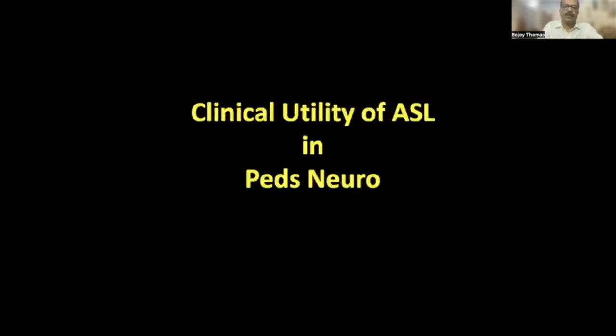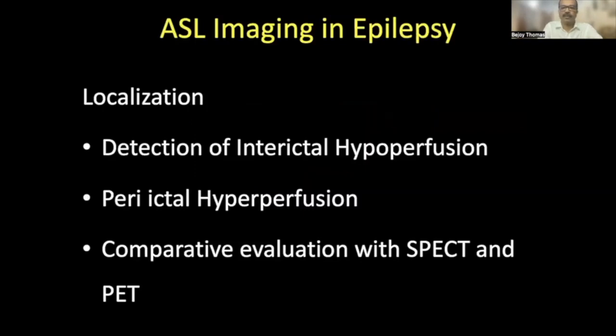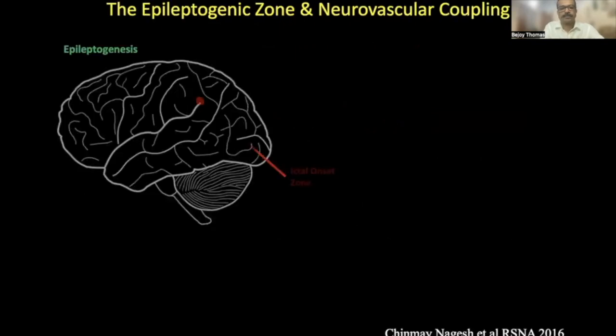Regarding the clinical utility of ASL in pediatric neuro, ASL imaging in epilepsy helps in localization of the substrate and detection of interictal hypoperfusion and periictal hyperperfusion, and comparative evaluation with SPECT and PET can be done, which we'll discuss.